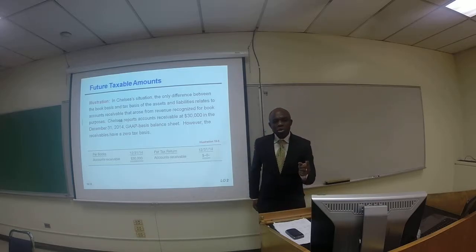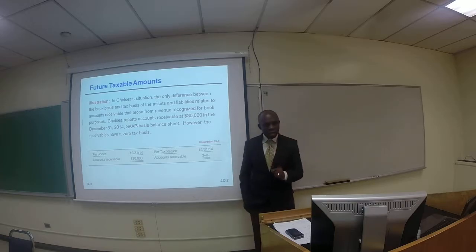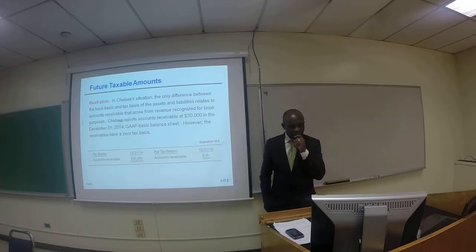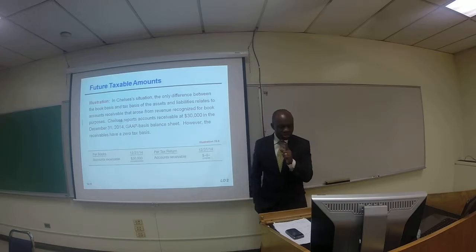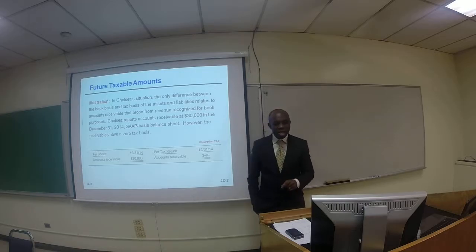In C's situation, the only difference between the book basis and the tax basis of assets and liabilities relates to the accounts receivable. Remember, we recognized $30,000 in accounts receivable, which was reported for GAAP purposes but not for tax purposes.